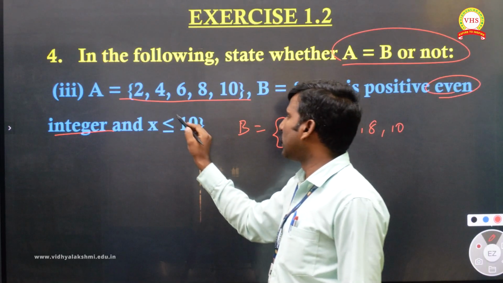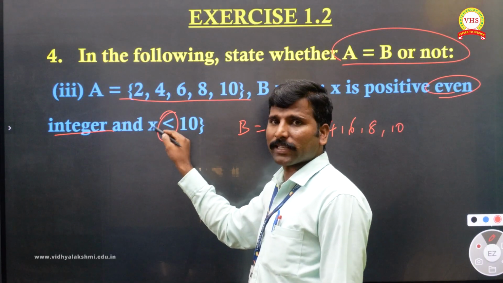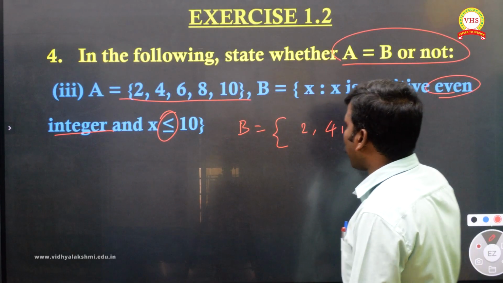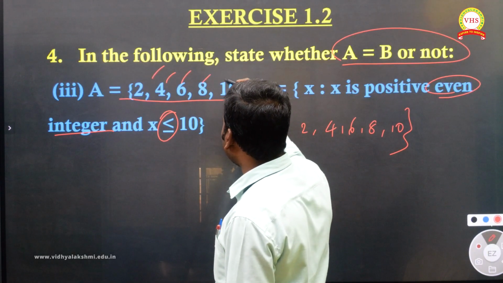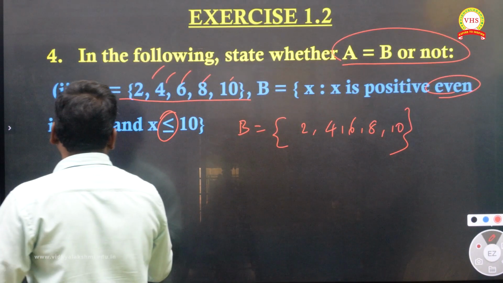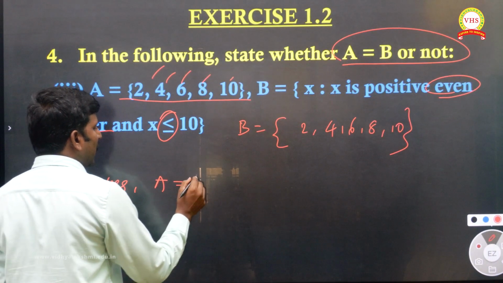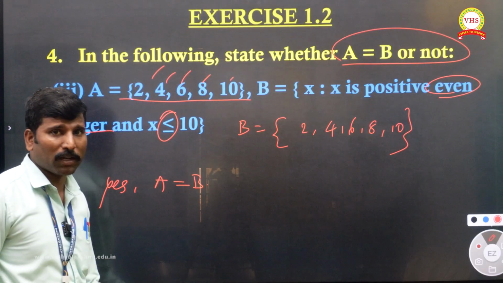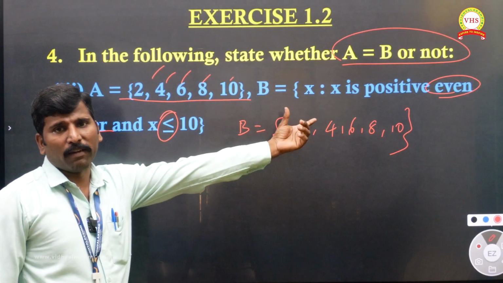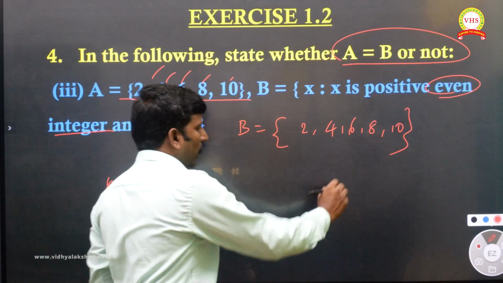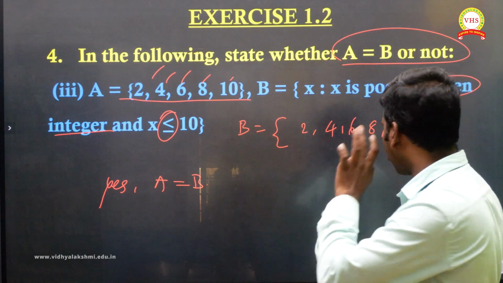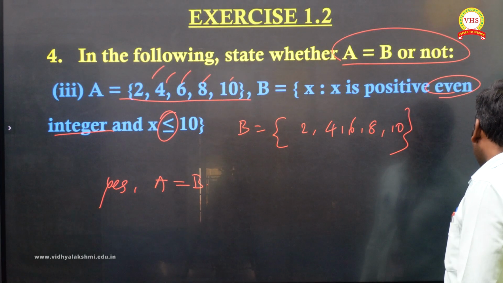They said x less than or equal to 10, then 10 is also included. The same numbers they give, 2, 4, 6, 8, 10. So yes, A and B are equal, because whatever elements we have in A, the same elements we have in B. If you want to write, you can write: all elements of A we have in B also. Not an issue.